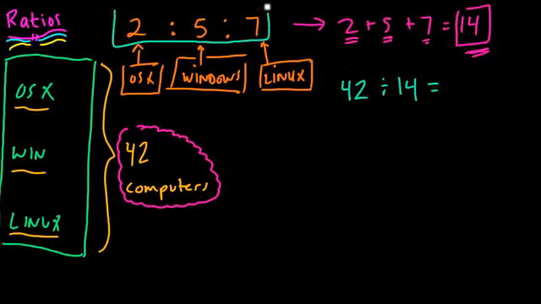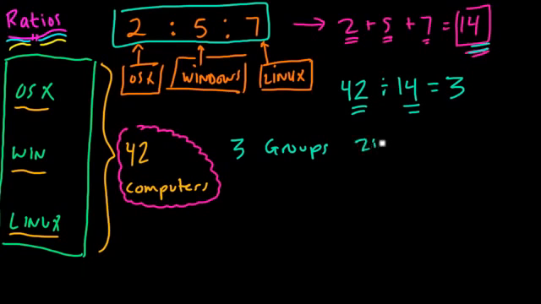How many groups of computers? Because this group right here, if I just add the ratio up, I only get 14 computers. There are a bunch left in the room. So how many times does that group of 14 fit into 42? Well, 14 times 3 is 42. So 42 divided by 14 is 3. And that means, of course, that there are 3 groups of the 2 to 5 to 7 ratio.